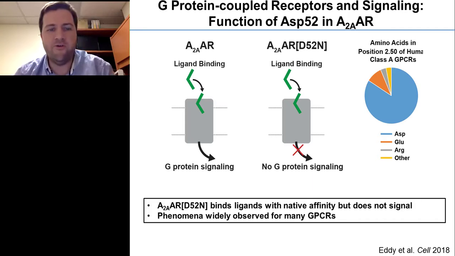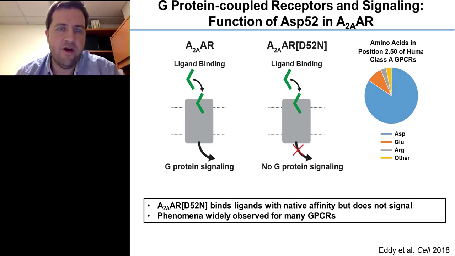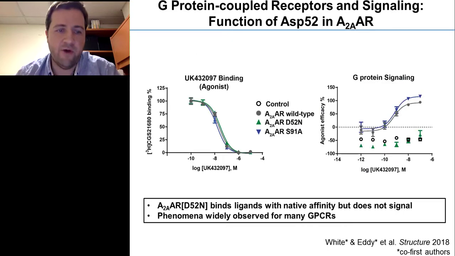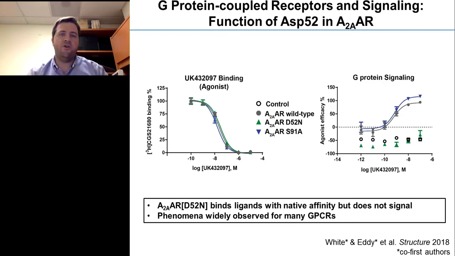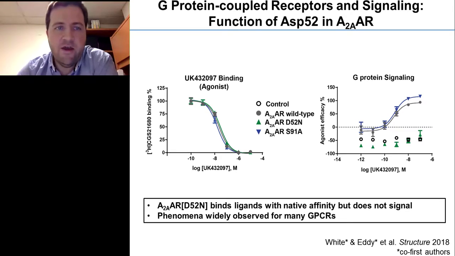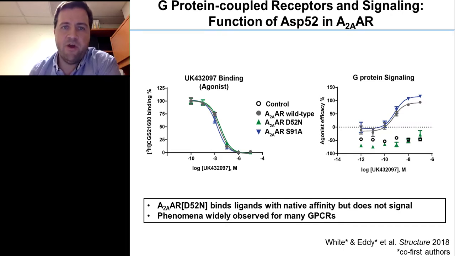So this phenomenon is also widely observed and has been reported for other GPCRs with this particular variant. So it seems critical that this is involved with signaling pathways in not just the A2A receptor, but other class A GPCRs as well. Now, the cartoon on the previous slide is also supported on this slide, which is showing the actual data. So on the left, you can see radioligand binding data.